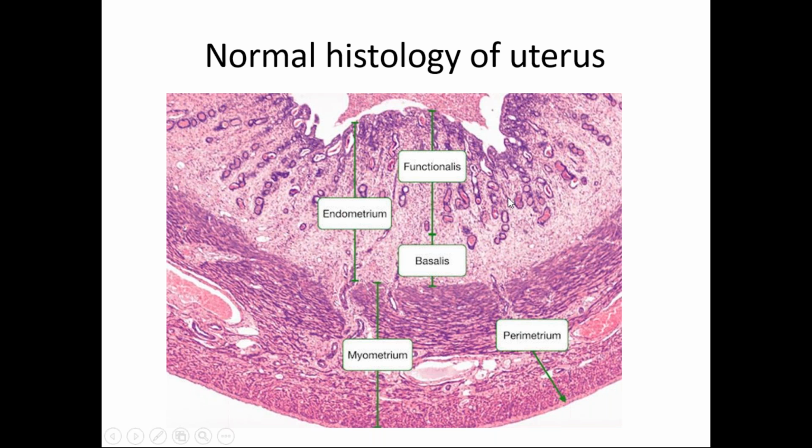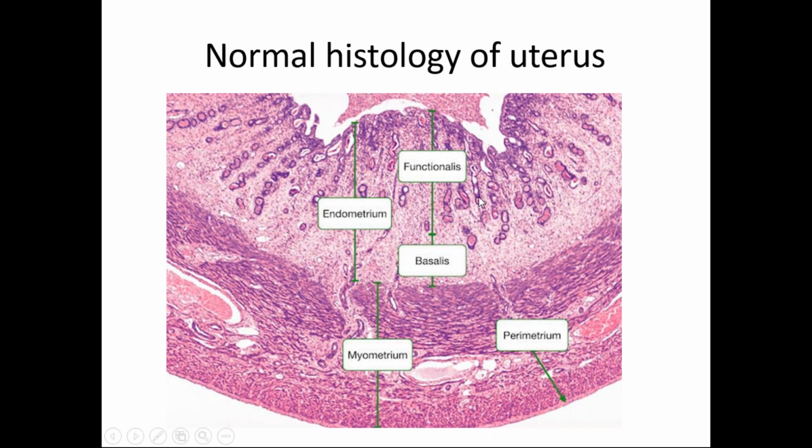So endometrium contains both glandular as well as stromal components. Endometrium is again divided into functionalis and basalis. Functionalis usually contains gland-like structures. Basalis has fewer glands compared to the functionalis.